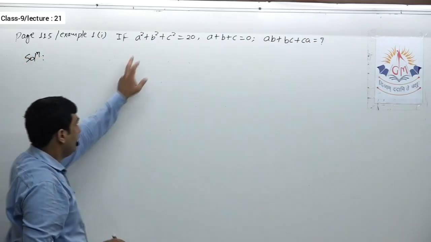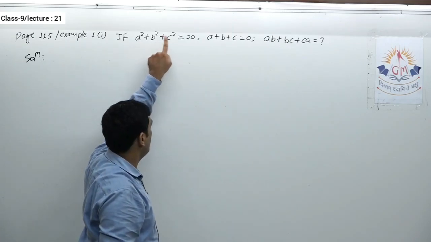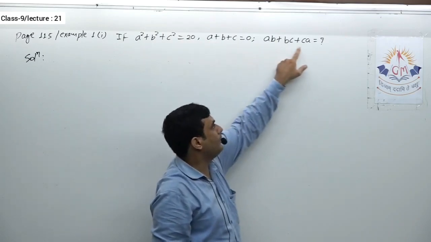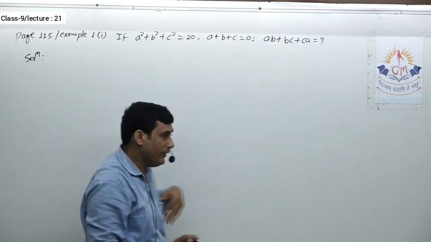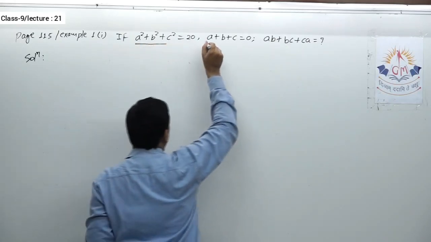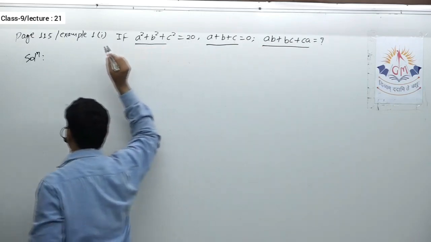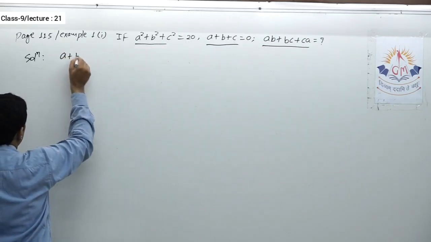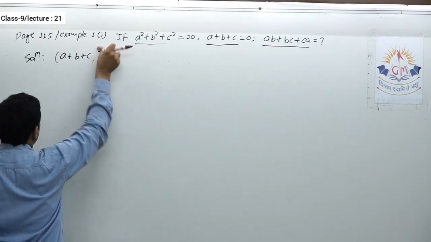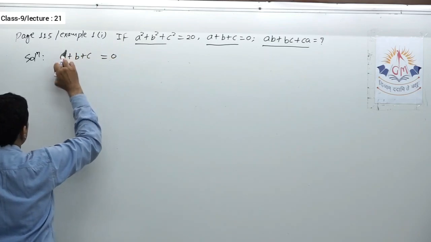See, first of all, by seeing a square plus b square plus c square, a plus b plus c, and ab plus bc plus ca, the very first thing that should come to your mind is that these are the parts of the expansion of the identity (a plus b plus c) whole square. So we will start with a plus b plus c equal to 0, whatever is given.